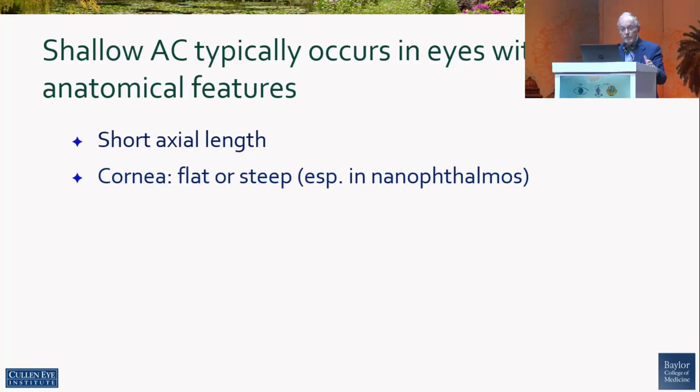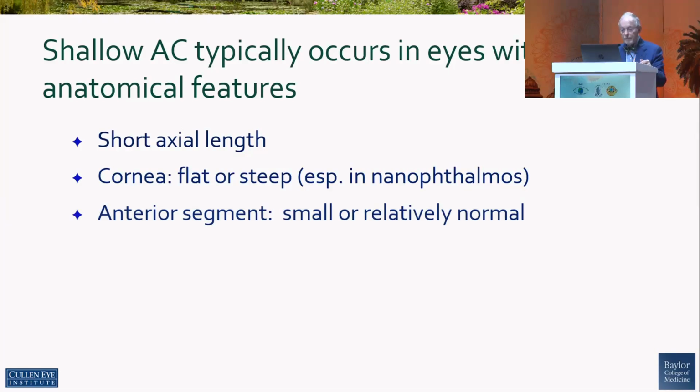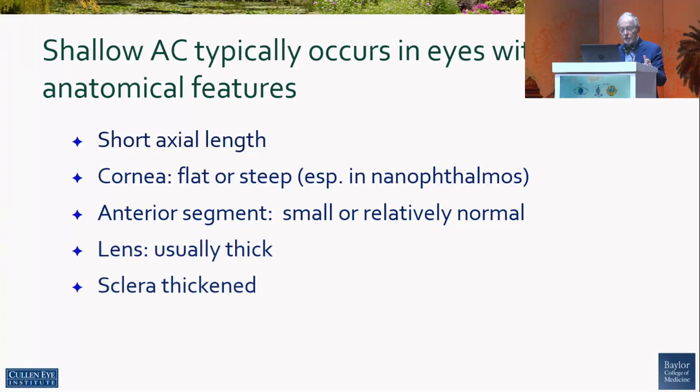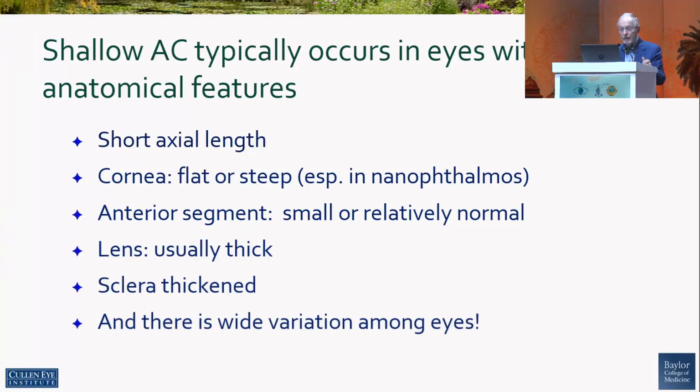The cornea, these short eyes, can be flat or steep, depending on the type of short eye and what the anterior segment looks like. The anterior segment can be small or normal. The lens is usually thick. The sclera is thickened. And there's a lot of variation among eyes. So the formulas for short eyes are routinely challenged.